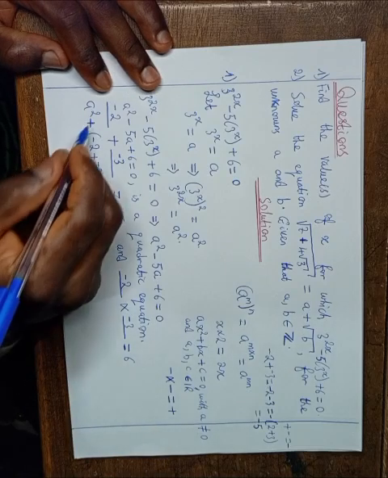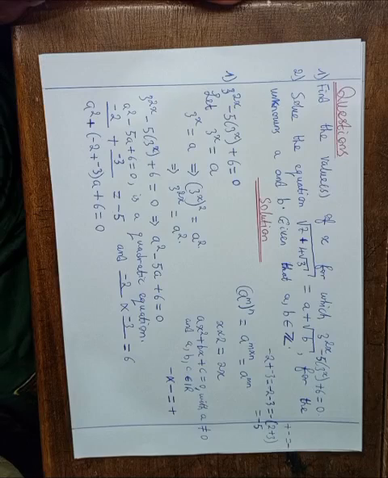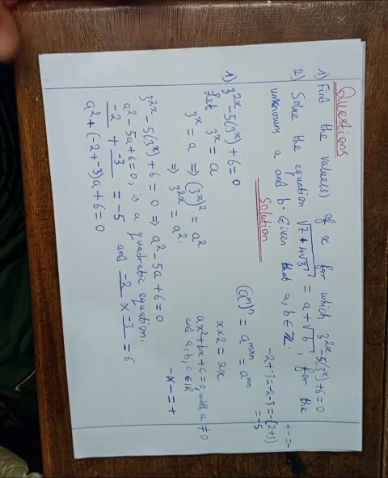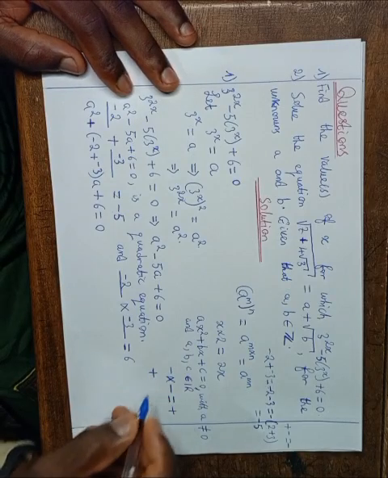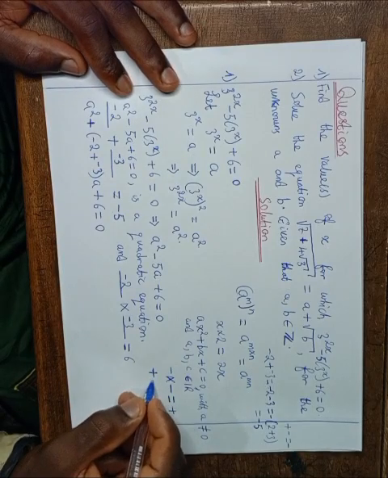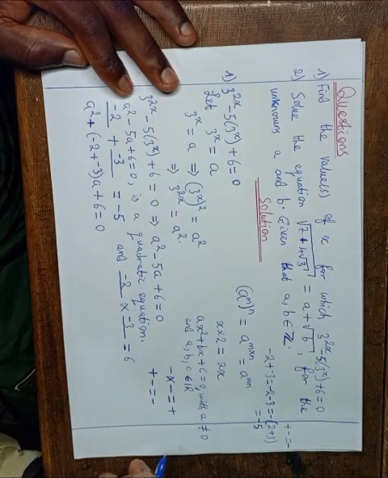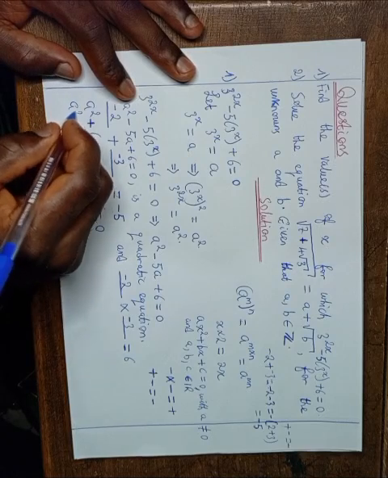This positive sign here changes nothing, because if we have positive times negative, the resulting sign is negative. Next, this will give us a squared.